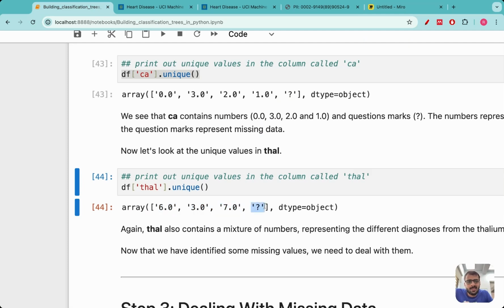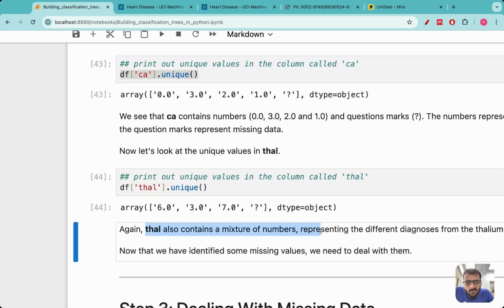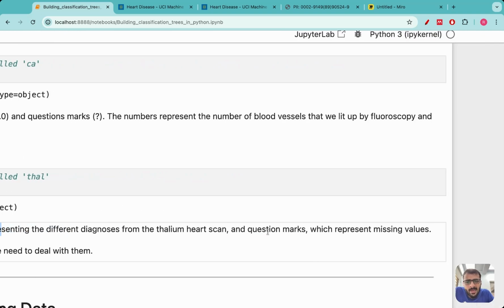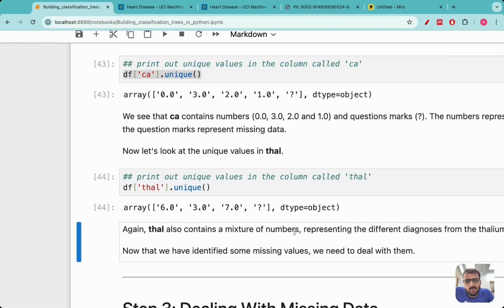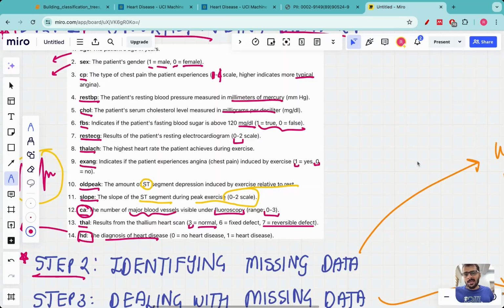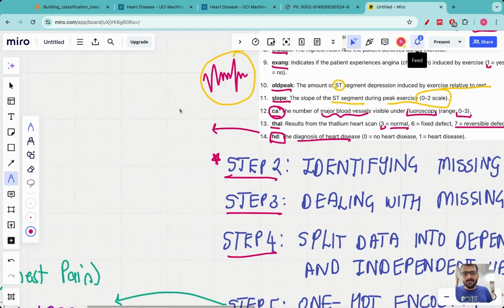This indicates that again there is some sort of issue happening here. It suggests that thal can also contain a mixture of numbers and question marks. So this also has missing values. So we know that out of this entire data set, there are two variables which have missing values, the CA and thal. This is the result of step 2.